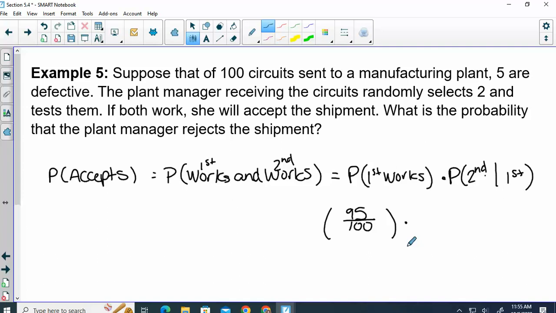We have 99 now, because we already took one of those out. Right, out of those 99, how many of them work? 94, because we're already assuming that the first one we took out worked. So I took out one working one, so there would be 94 remaining. Okay, let's multiply.